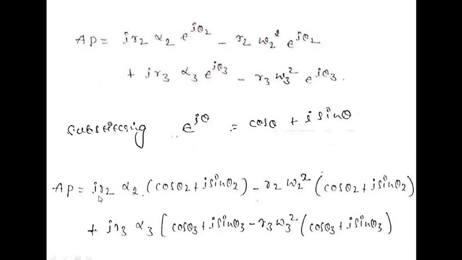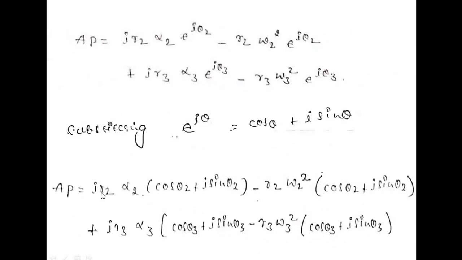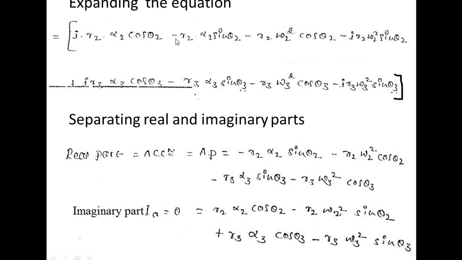So i r2 alpha 2 cos theta 2, that is the first term, and i r2 alpha 2 multiplied by i sin theta 2. Here i into i becomes i square, that is minus 1, so minus r2 alpha 2 sin theta 2.